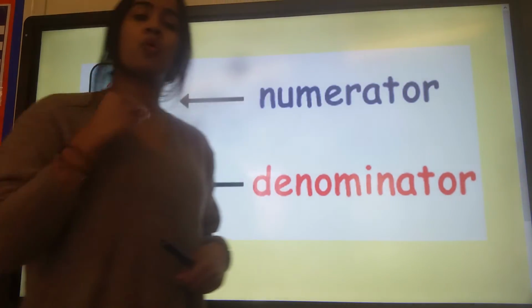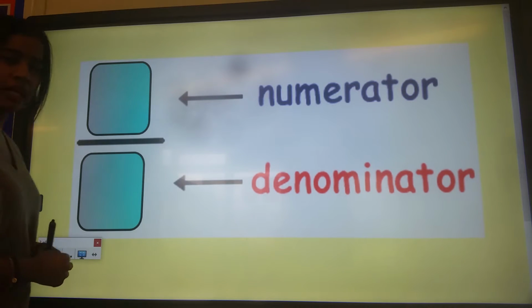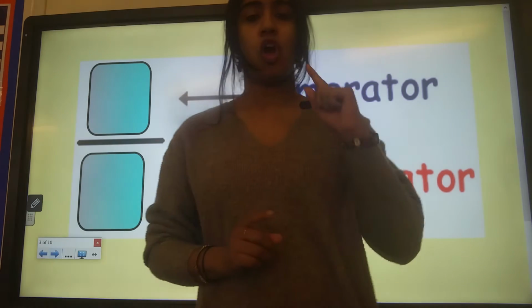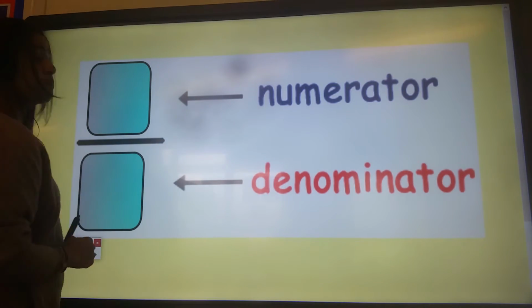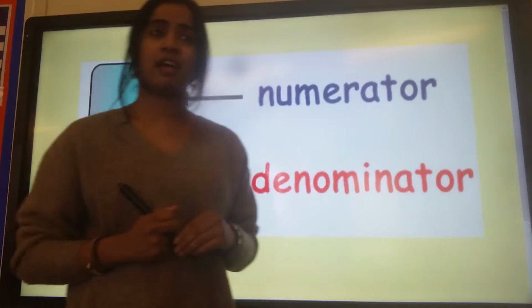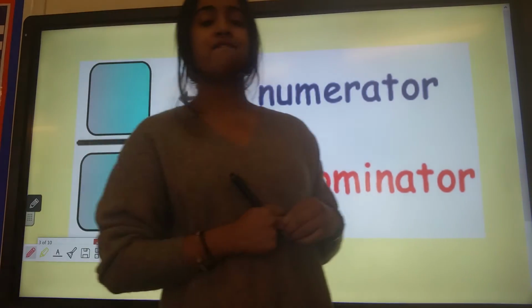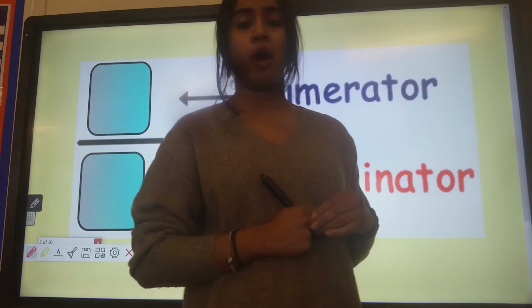So that is 2 quarters as a fraction. Now how do we write 3 quarters as a fraction? Off you go.